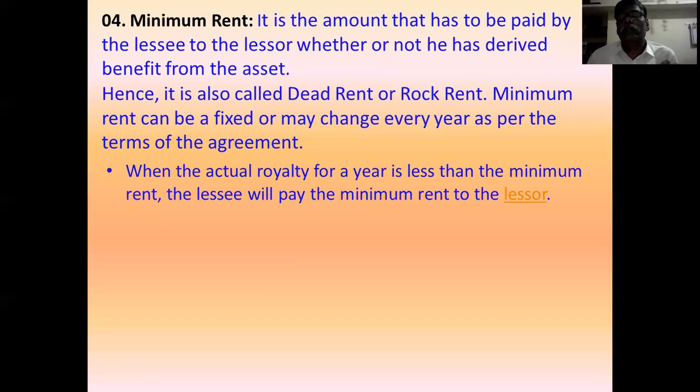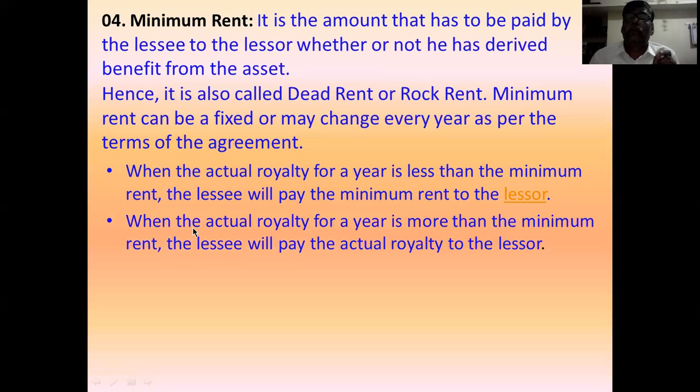And minimum rent is the minimum amount fixed for every year based on agreement. So when the actual royalty for the year is less than minimum rent, the lessee will have to pay minimum rent to the lessor. Remember this point. This is the first point.